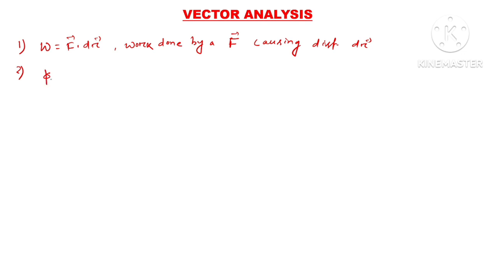We write down the flux as E dot ds, right? That is flux of electric field E through a surface area.